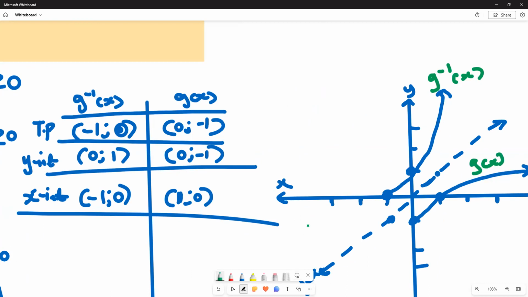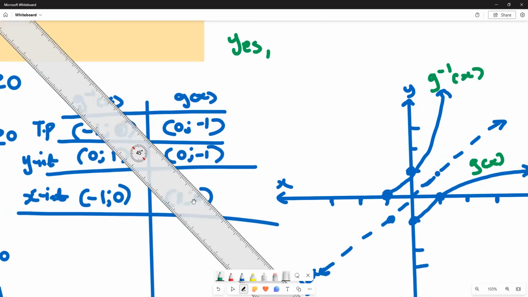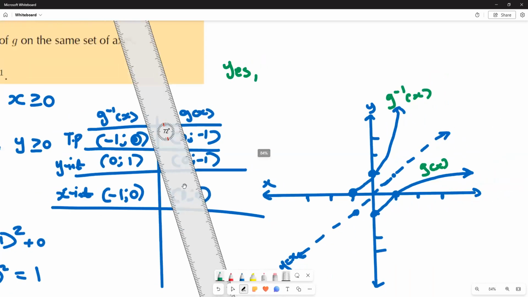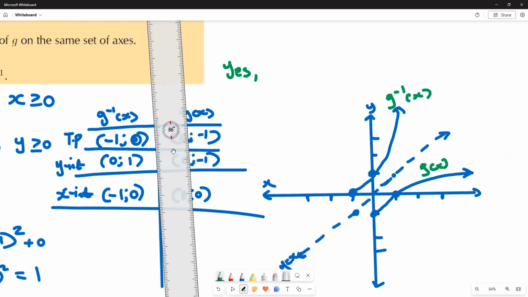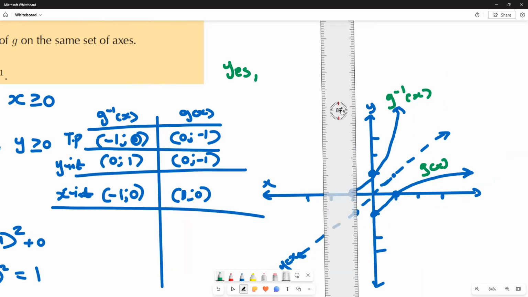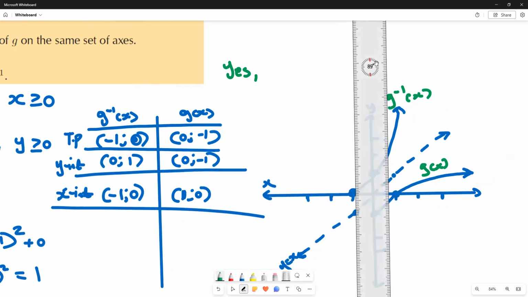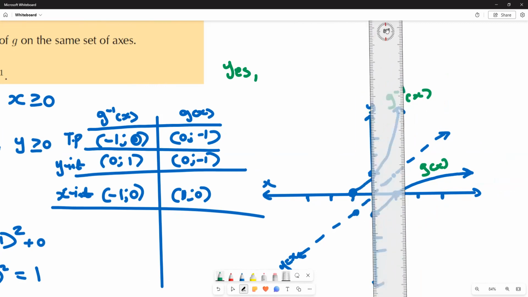You are going to say yes, it is a function, because if you were to draw a vertical line on top of the inverse, we can see that the vertical line always cuts the graph only once. Look at the inverse only, don't look at the g of x.